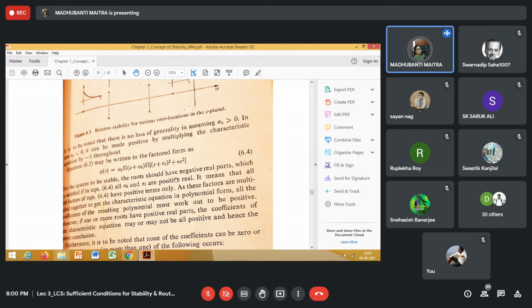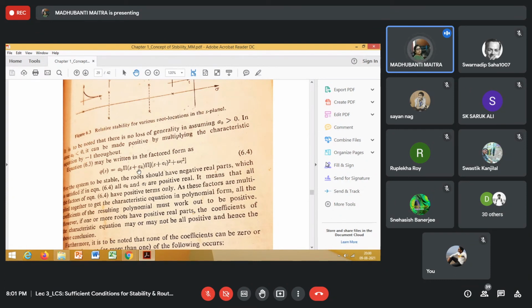Now, if I consider s plus sigma 1, s plus sigma 1 is equal to 0 if I want to find out the location of the real root. That means s is equal to minus sigma 1, right?